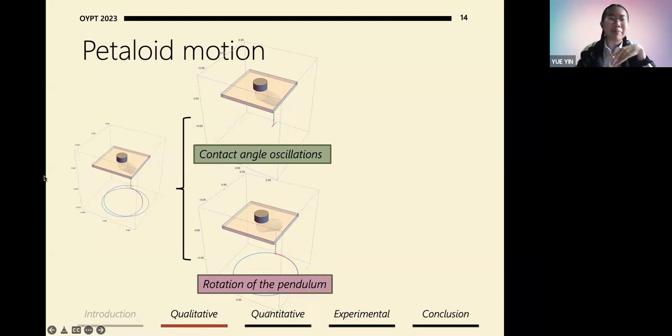This explains why it looks like a petal instead of an ellipse, or in the limiting case, a circle when the contact angle does not oscillate.